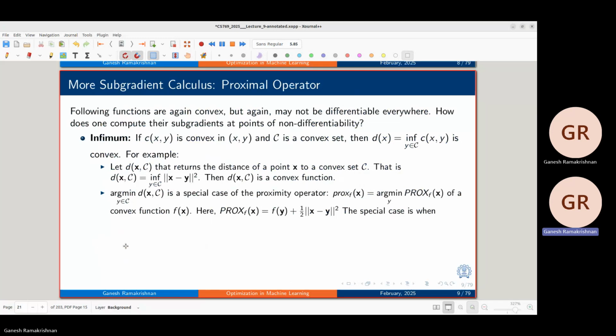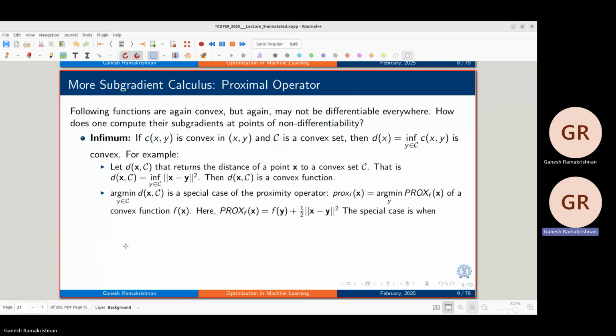This is typically used when you want to measure the distance of a point x from a set C that contains all these y's.